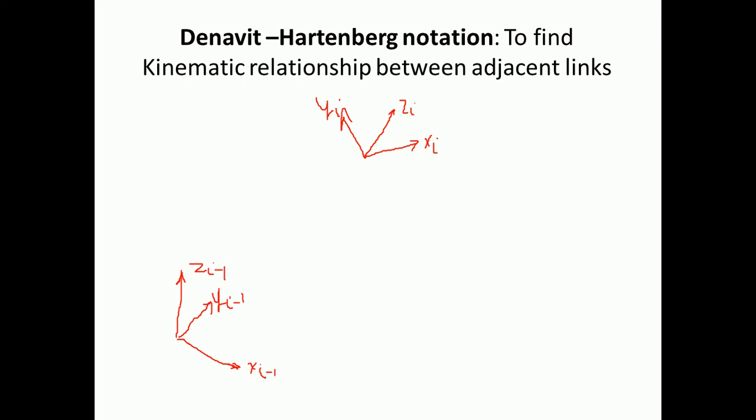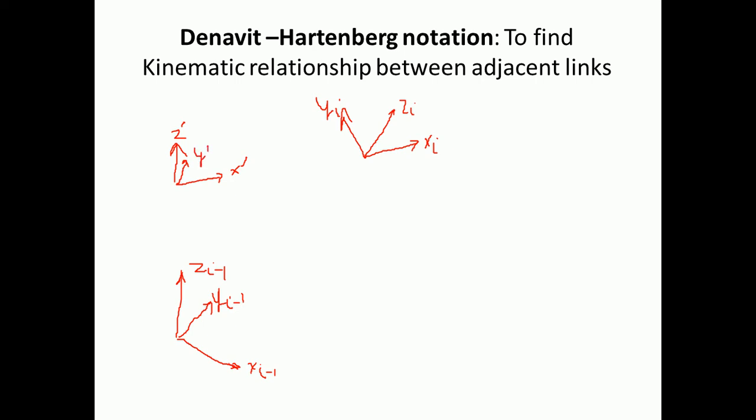So for finding the relationship between these two frames, we have to consider an intermediate frame over here, that is z axis over here, which I name z dash, and this is x dash, and with respect to the right hand thumb rule, the y direction is going to be into the screen, so this is y dash. Okay.